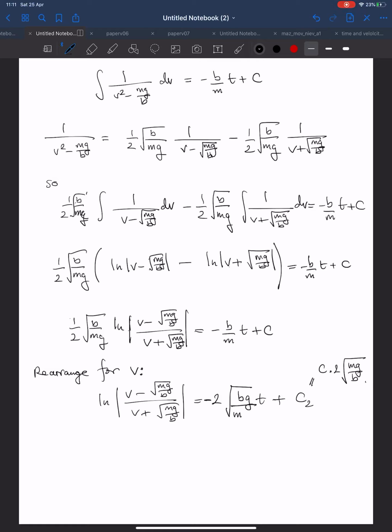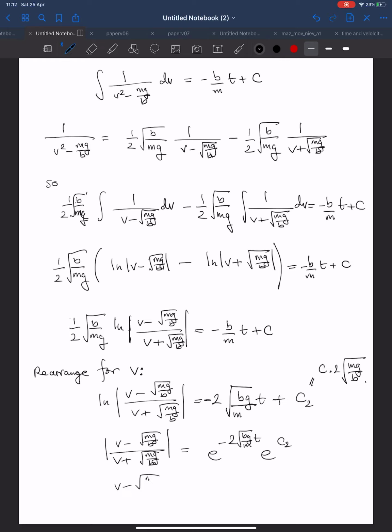All right then. Next, exponentiate both sides. As you can see, all this is pretty standard now. As they say, it's all academic from here on in. So I have e to the minus 2 square root of bg over m, t, and then e to the c2. This will just be another constant in a second. Of course, I have the absolute value on the left-hand side, so then I can write this. Being naughty, I swapped the sign for some reason.